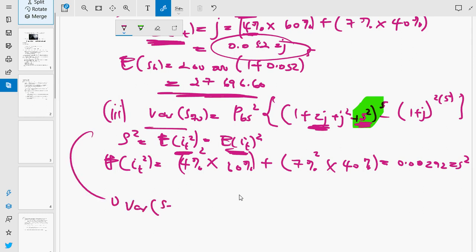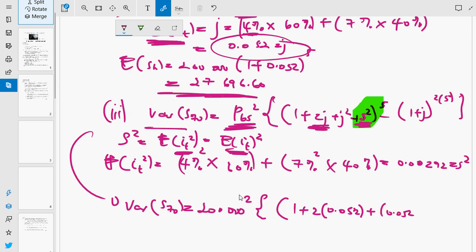So your variance of S70 is equal to the principal amount we are investing, which is £200,000, but we have to square that, times 1 plus your j, which is 0.052, plus your j squared, which is 0.052 all squared, plus your s squared, which is this 0.00292, right?